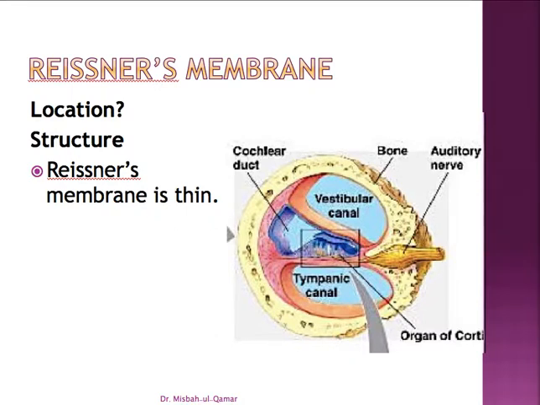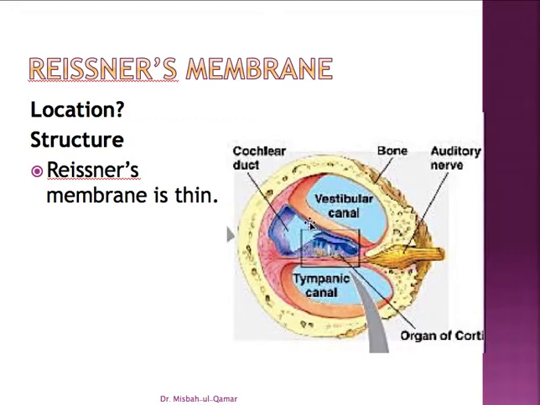And the Reissner membrane is very thin. It means that it is very easy to cause the movement of this membrane. It is easily moved in such a way that it doesn't obstruct the passage of the sound vibrations from the scala vestibuli to scala media, right?